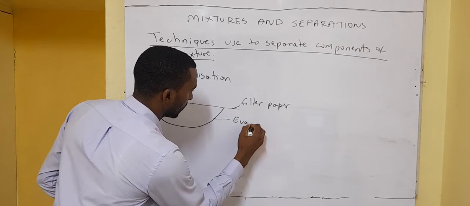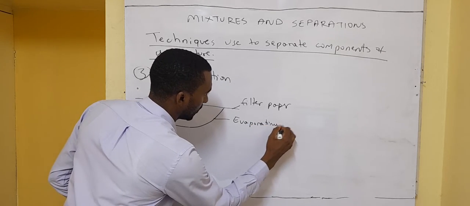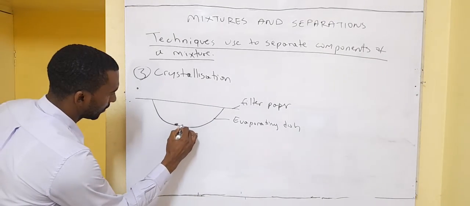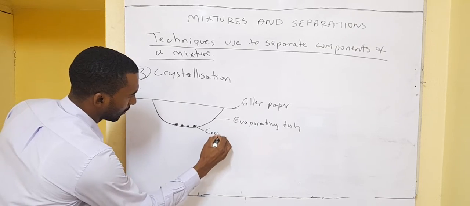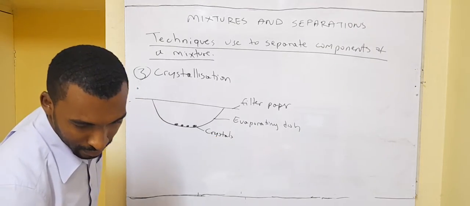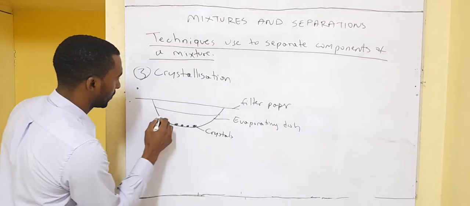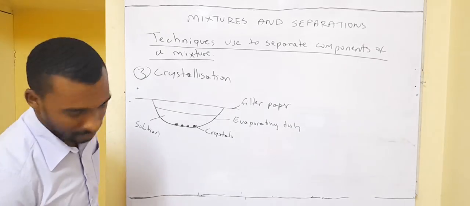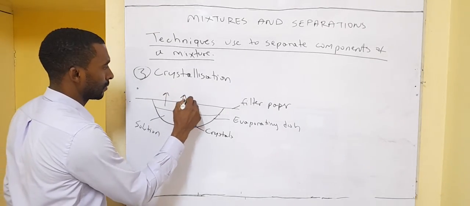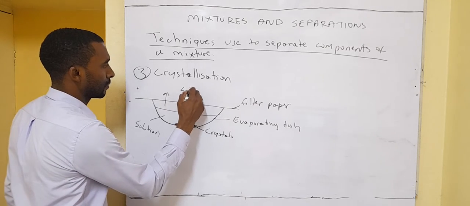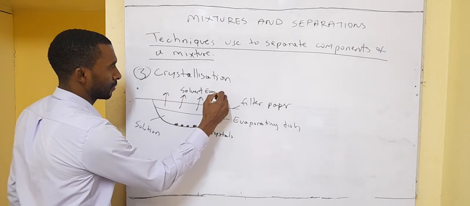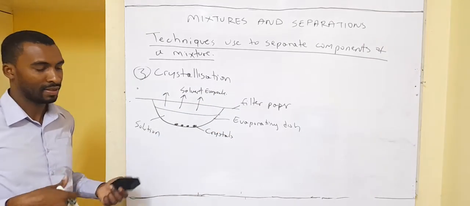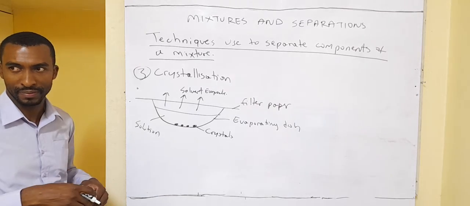Evaporating dish. Remember that the filter paper won't prevent the solvent from evaporating, because normally the solvent can pass through filter paper, liquid will pass through.